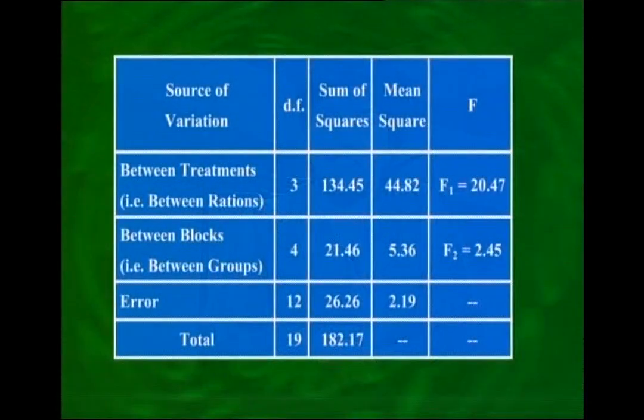Coming back to the slide, F1, which is the ratio of the treatment mean square to the error mean square, that is 44.82 divided by 2.19, comes out to be 20.47, and F2, which is the ratio of the block mean square to the error mean square, comes out to be 5.36 over 2.19 equal to 2.45.